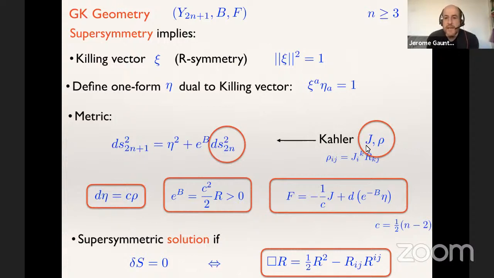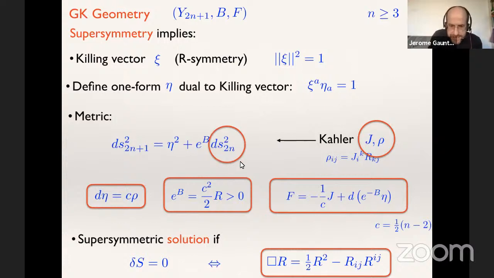So it's Kähler, it means it has a Kähler form J and a Ricci form rho. And to remind you, if you take the Ricci tensor of a Kähler manifold and contract with the complex structure, you get a 2-form, and that is the Ricci 2-form.